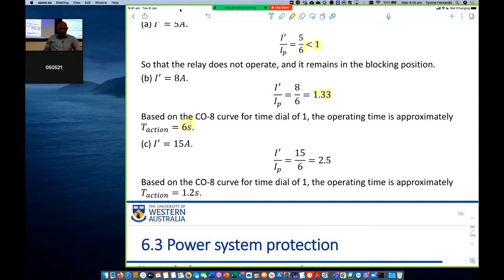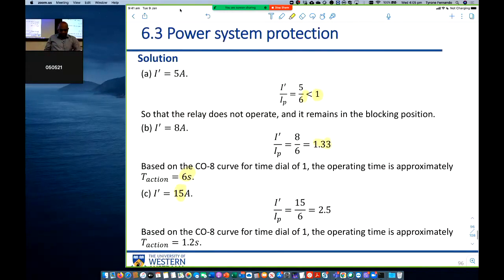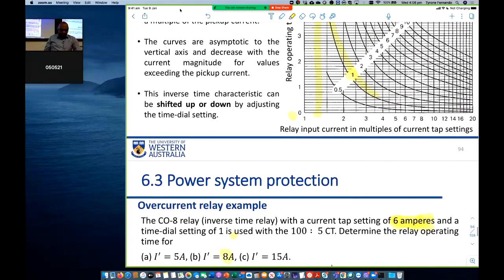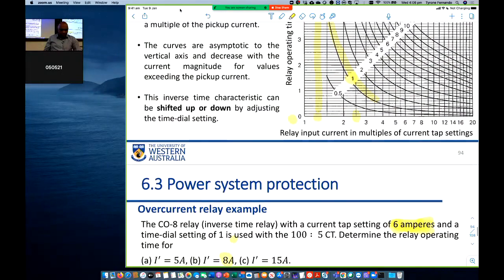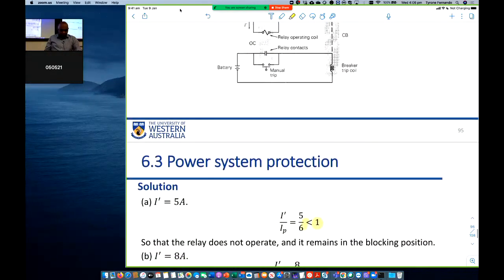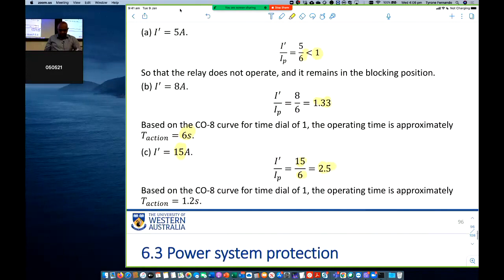You can read it off the graph. If it's 15 amps, 15 amps is 2.5 times the set value. So here we are looking at 2.5, which is that. Dial setting is 1, so I go here and I go here. So it's about, what, 1.2 seconds? Yeah, 1.2 seconds. The relay will activate in 1.2 seconds.